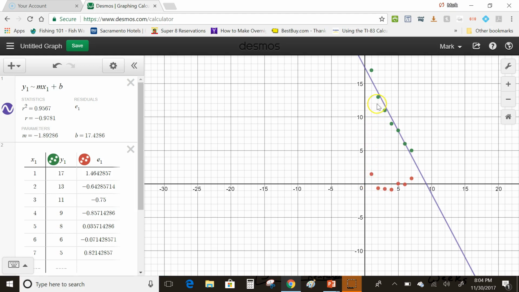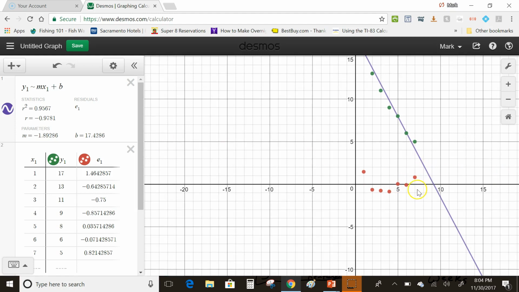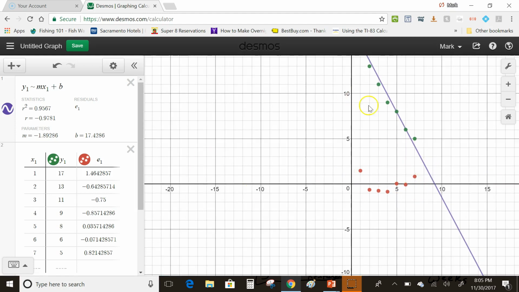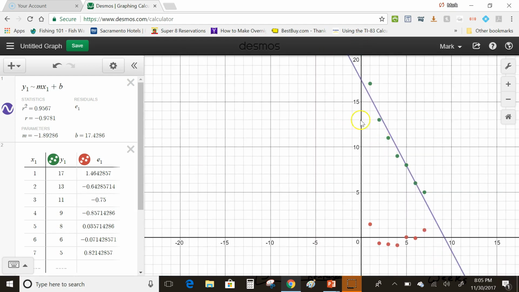This point is just below the trend line. This one is just below. Below the trend line, okay, above the trend line. These are called residuals. They fluctuate. It really does help us to figure out how well our line of fit matches up with our graph.